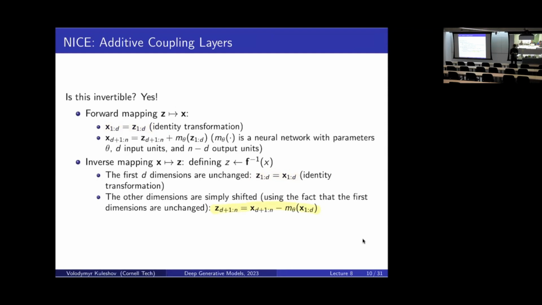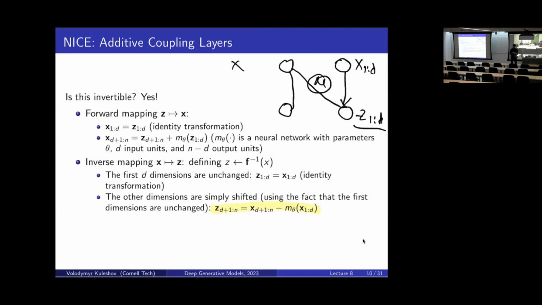We can make a little drawing here. Remember the figure on the previous slide, it looked like this. Now I have x from 1 to d. That one is just getting remapped directly to get z from 1 to d. Now that I have z from 1 to d, I can compute m, right? Because I have this number, I get to know the m that was added to this node.